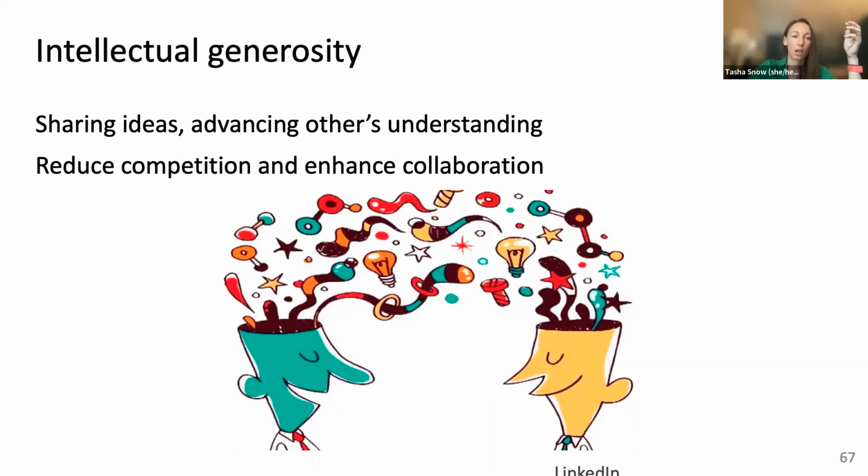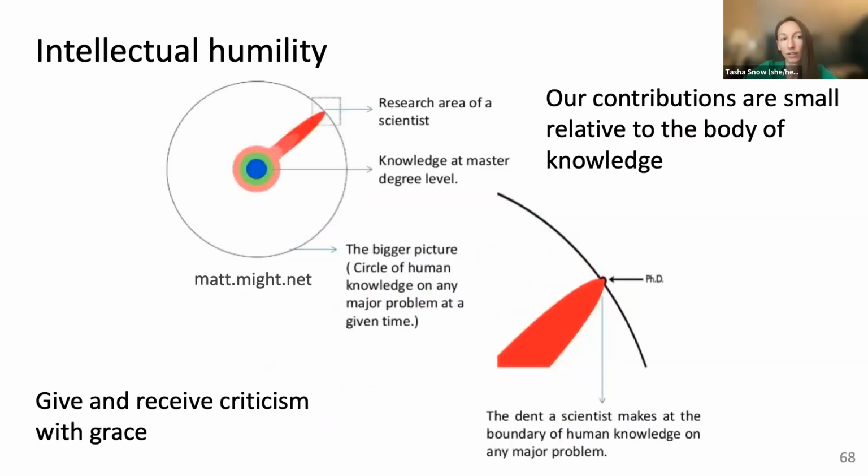On top of that, we should really exercise intellectual humility. While as PhDs or masters we have contributed some very special knowledge to the body of knowledge, that work is very tiny in comparison to the body of knowledge that's out there.